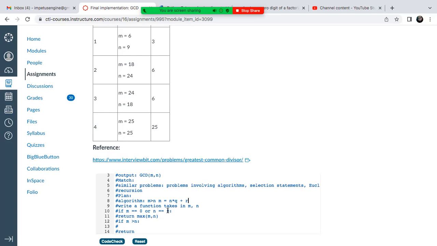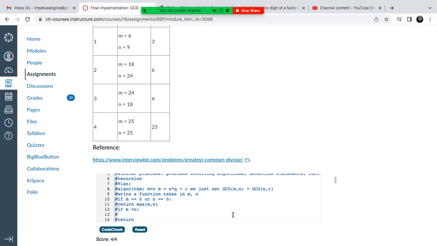Now that we have that, we can set GCD(m, n) equal to GCD(n, r). That's the formula for this particular problem.